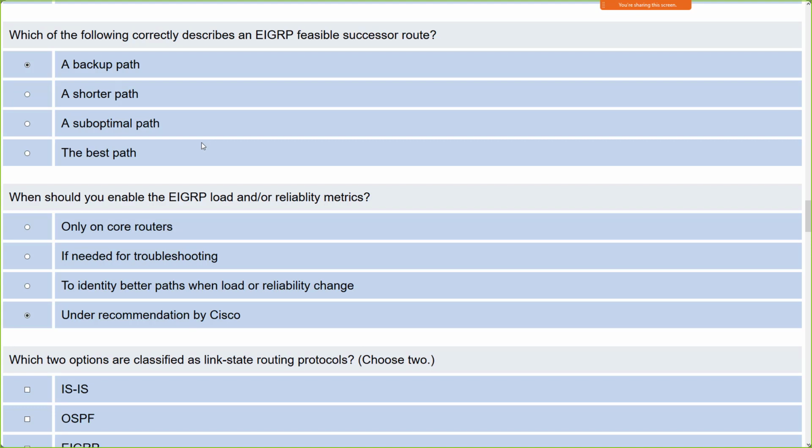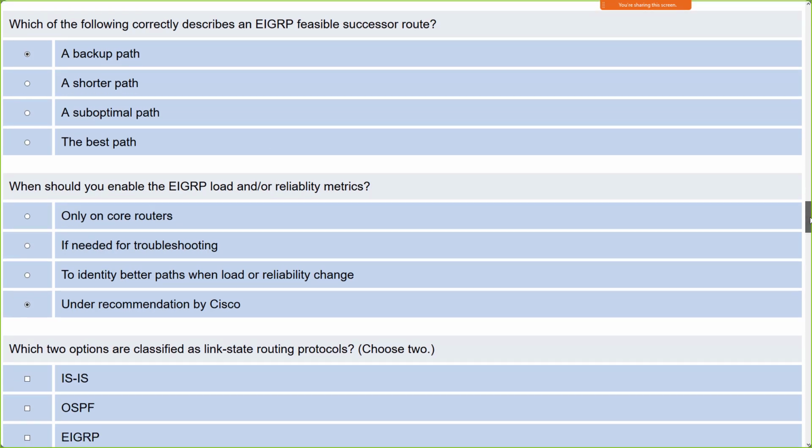Okay, so I would say D is probably the best choice. Charles, is that what they chose? Yes. And Cisco is probably never going to recommend that. So if there was a choice of never change it, that's the one I would choose. But D is the best choice in this case.